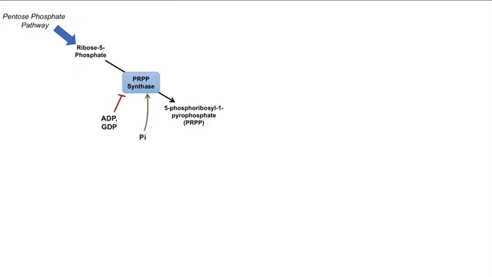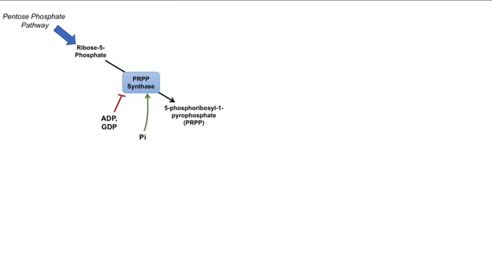We start with the pentose phosphate pathway in purine synthesis, which produces ribose 5-phosphate, which then gets processed into 5-phosphoribosyl 1-pyrophosphate, or PRPP, via the enzyme PRPP synthase. As I mentioned before, PRPP synthase is inhibited by ADP and GDP and activated by inorganic phosphate.